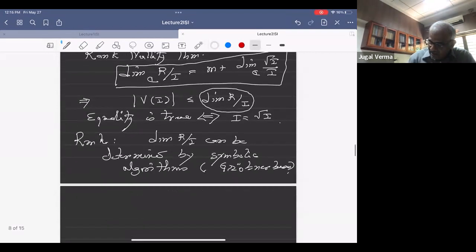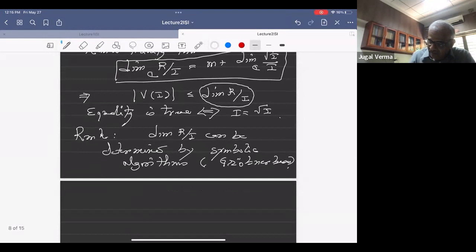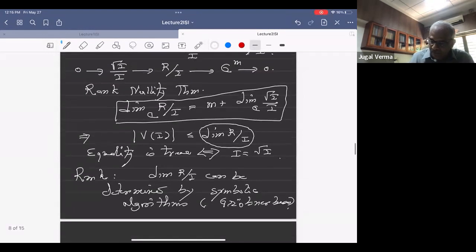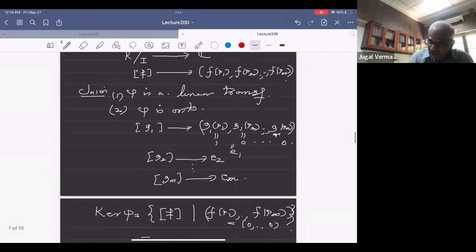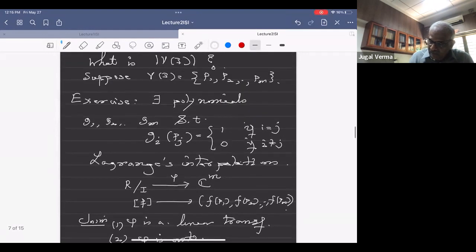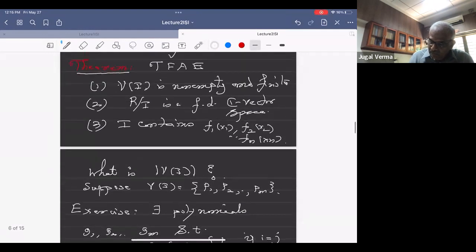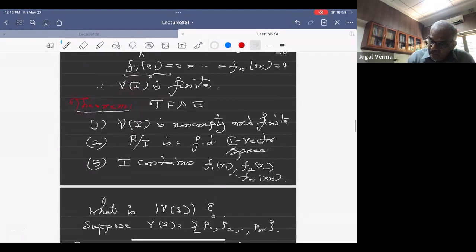I will not discuss this concept, maybe in some other lecture series. Okay, so this is the finiteness theorem. This theorem is called the finiteness theorem.